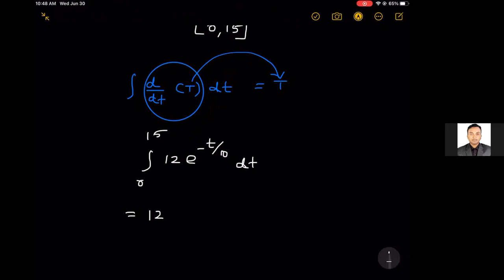Be careful, it's a fraction. Let me wait for your answer. What should we do? What's the antiderivative of e to the negative t over 10? Anyone? Give it a try.